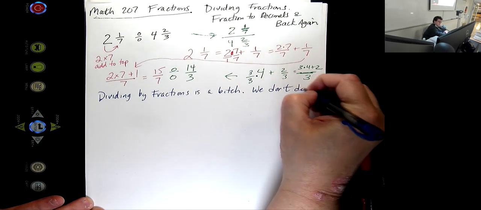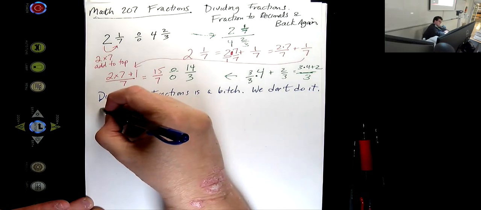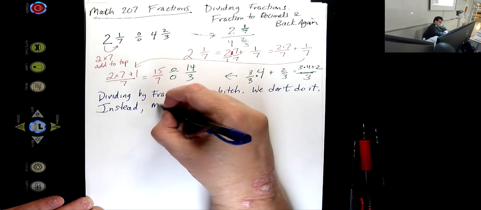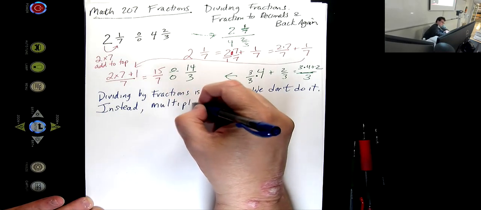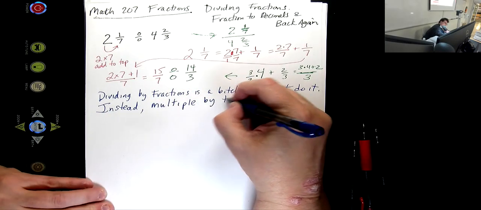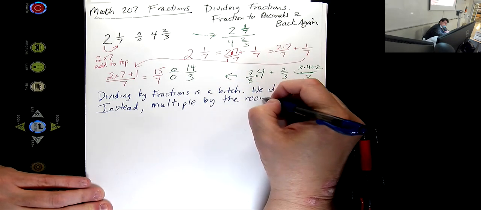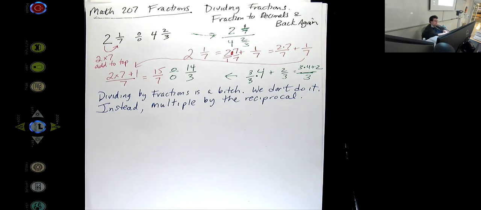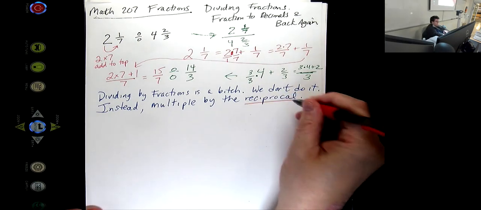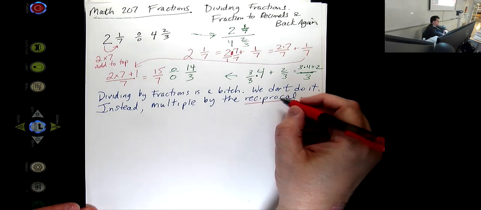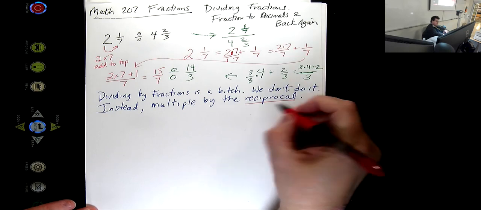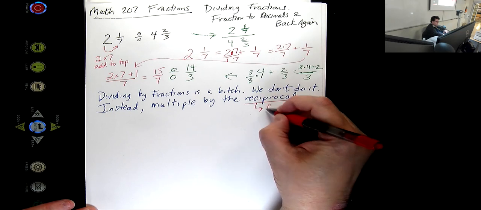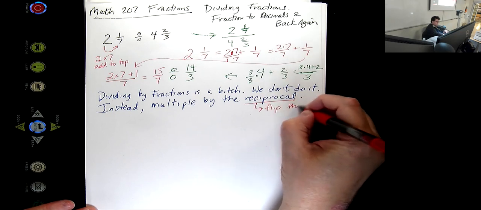What we do instead is multiply by the reciprocal. And that may be a word you're not familiar with, or maybe you've heard it before and don't know what it means in the math sense. What it means in the math sense is just flip the number upside down.